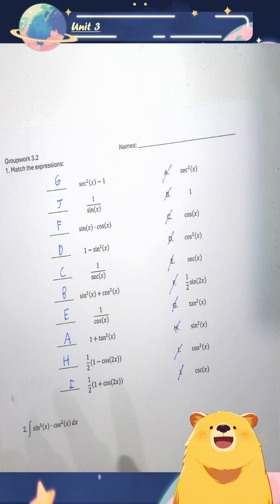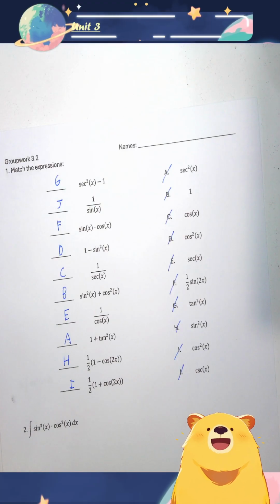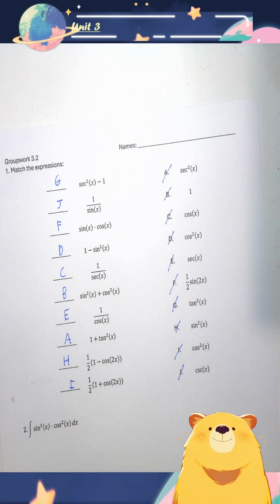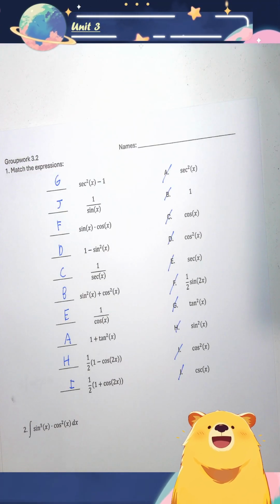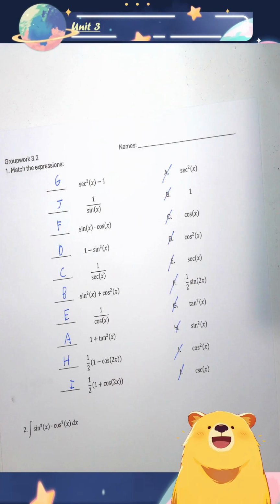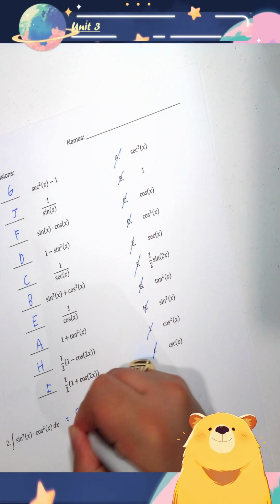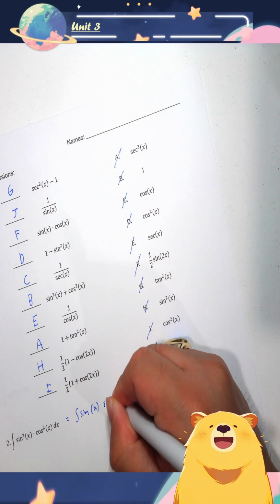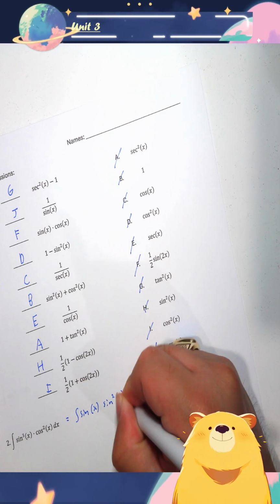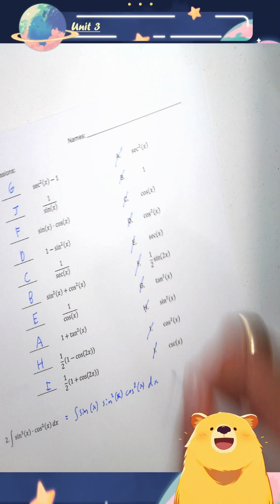So let's start off with these ideas. First one is that we have sine to the third times cosine squared times dx. Now we have the part where it says sine, its power is odd, so we take out one of the sines. Sine squared of x, cosine squared of x, dx.